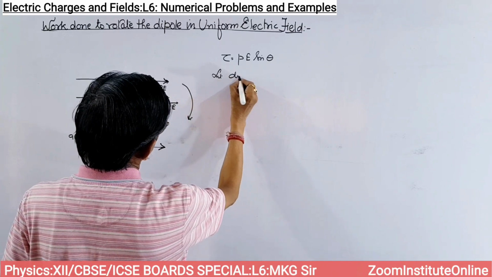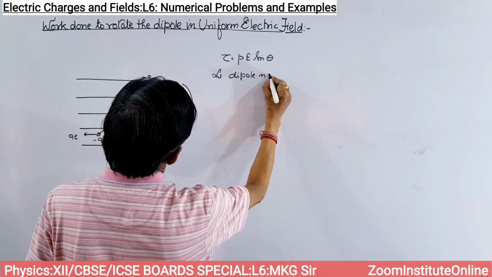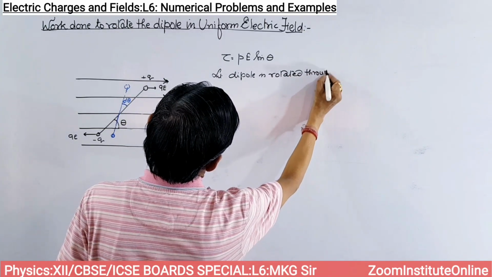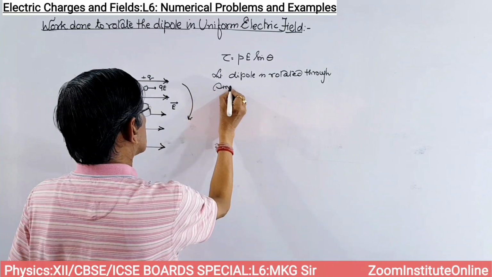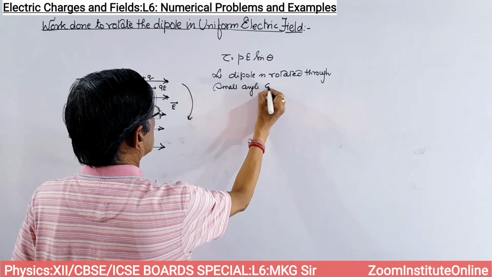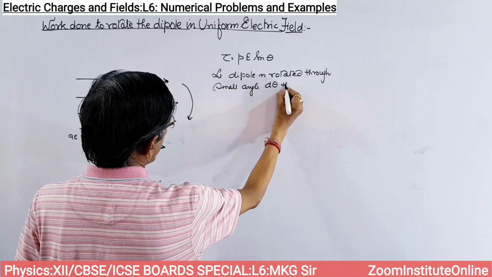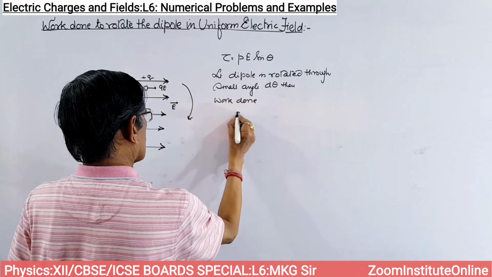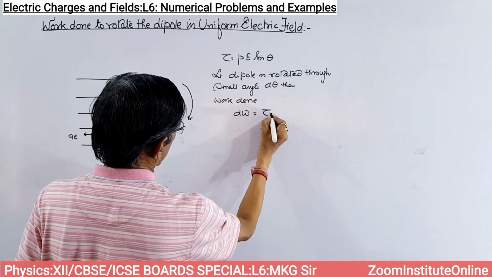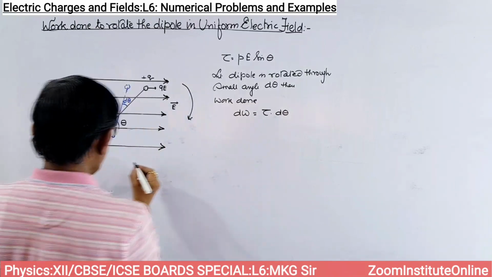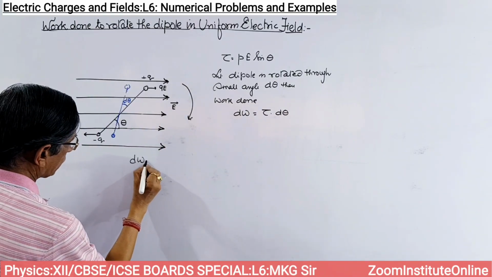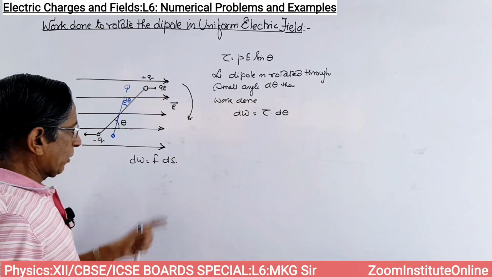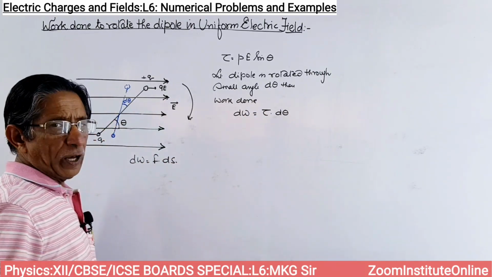Let dipole is rotated through a small angle d theta, then can I write work done dW is equal to what? Tau into d theta. As you know, work is equal to force into displacement. Here force has been replaced by torque and the displacement has been replaced by angular displacement.